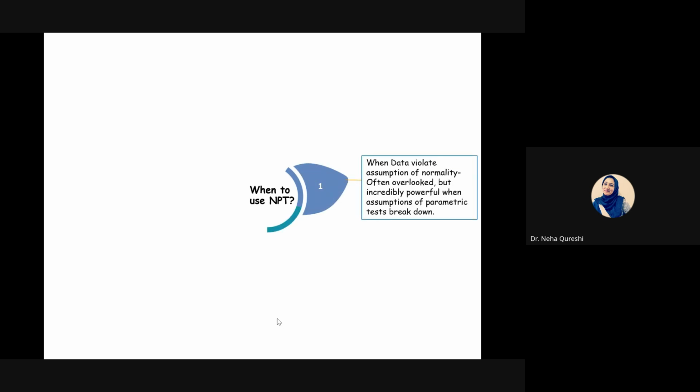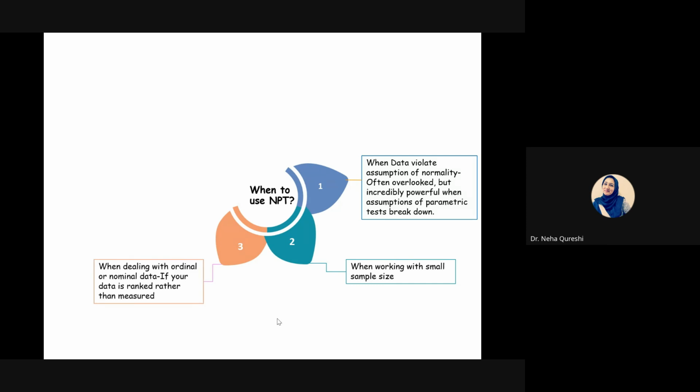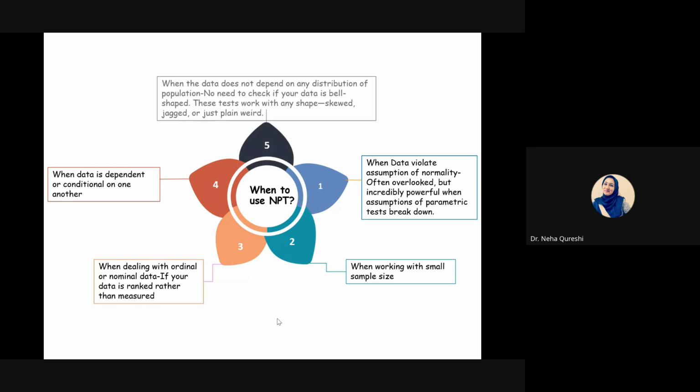When data violates the assumption of normality, when working with a small sample size, when dealing with ordinal or nominal data, that means if your data is ranked, when data is dependent or conditional on one another, and when the data does not depend on any distribution of the population. That means the data can be skewed, jagged, or plain weird also, but still you can use a non-parametric test.